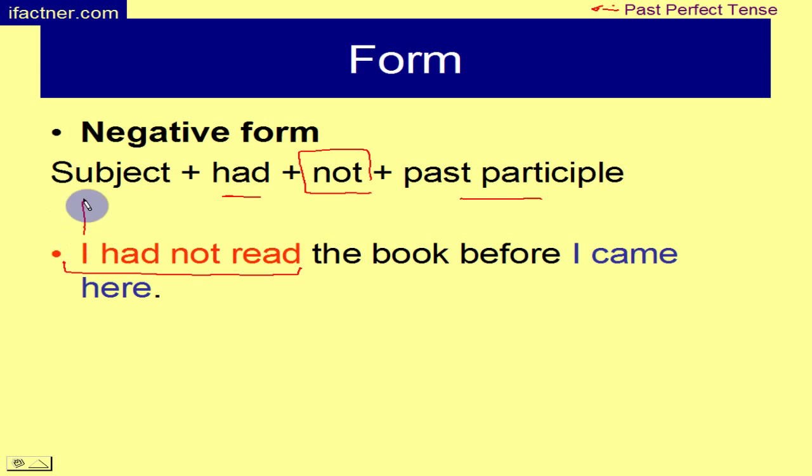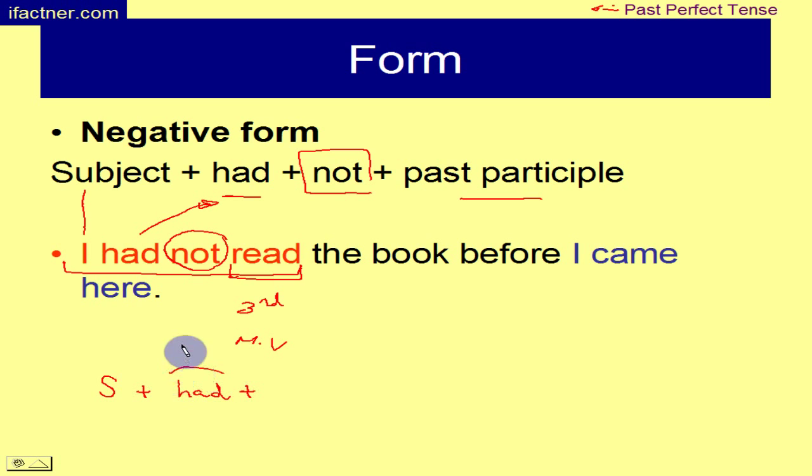We have the subject, then had, and then not for the negative form, and then the past participle form of the main verb. Subject plus had, an auxiliary verb, plus not, plus the third form of the main verb.